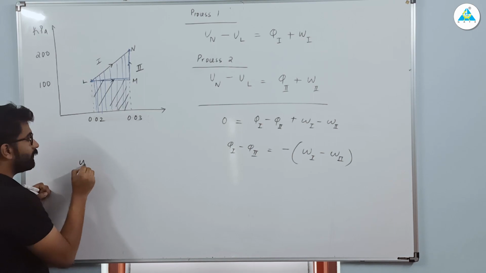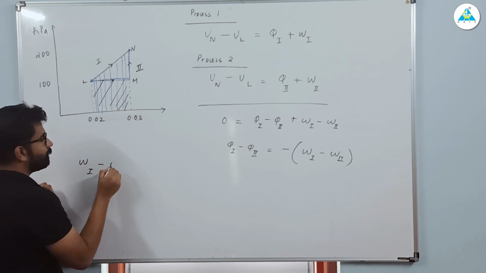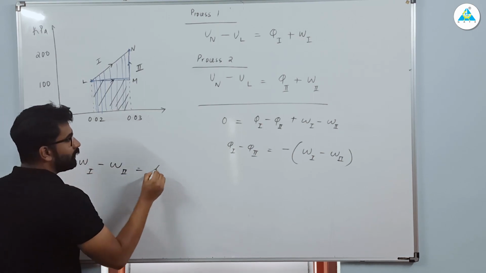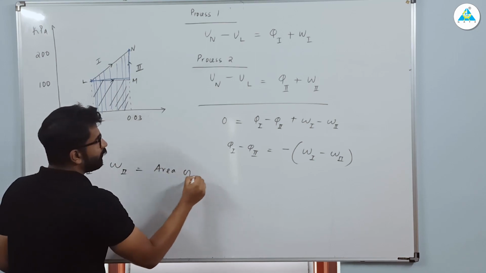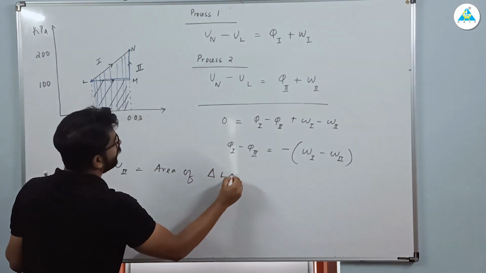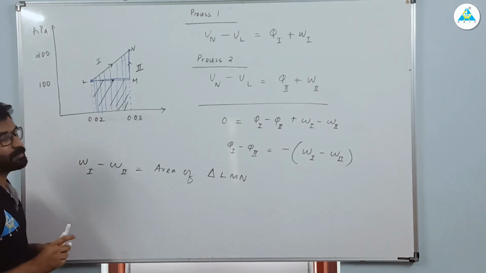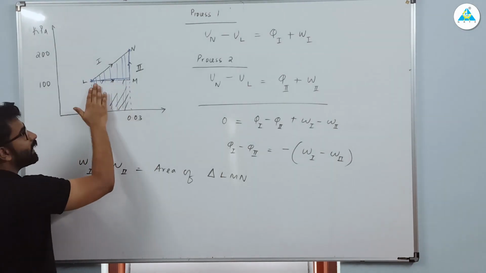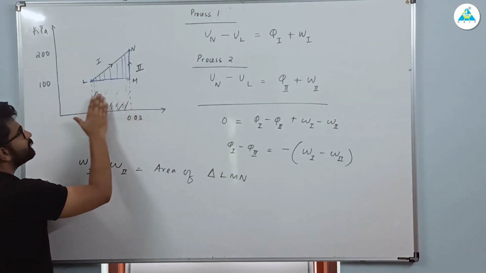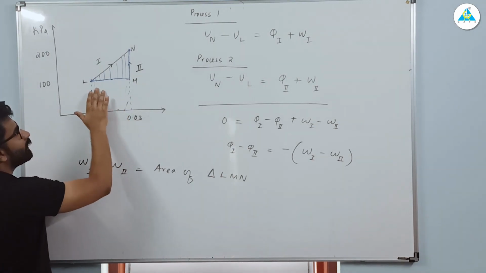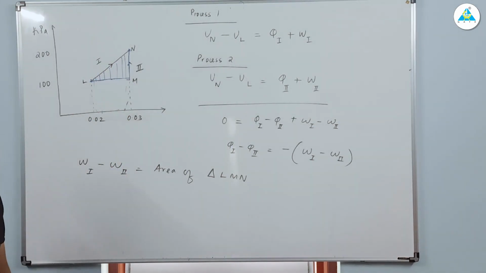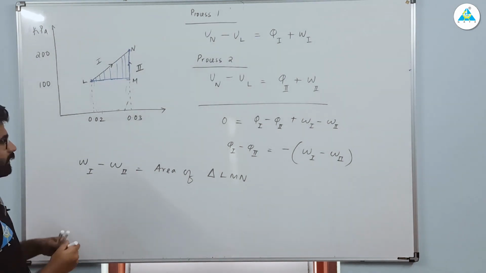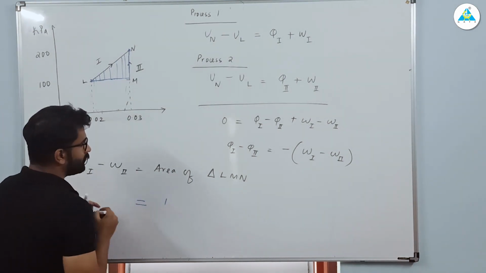So what will be W1 minus W2? It will be the area of triangle LMN, right? When I say W1 minus W2, that will be only the area under this triangle. So how can you find the area under that triangle? Easy.